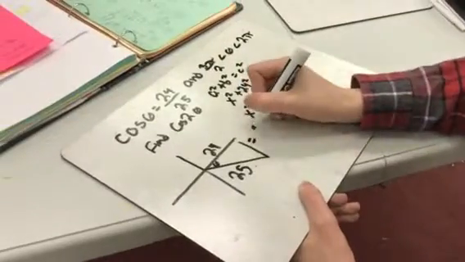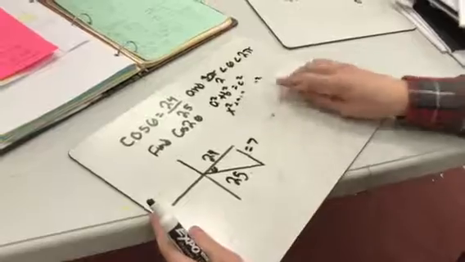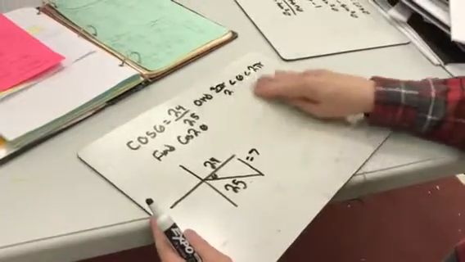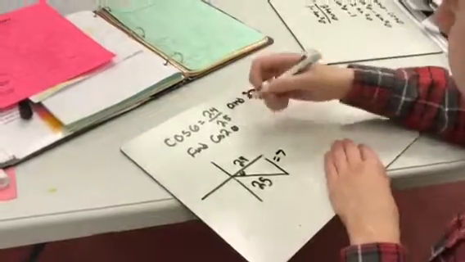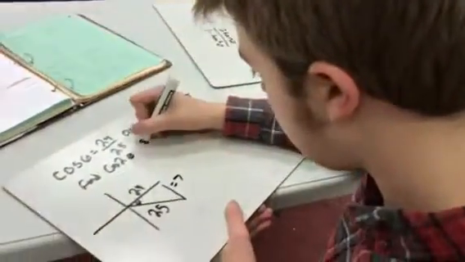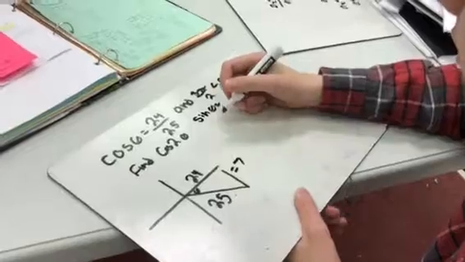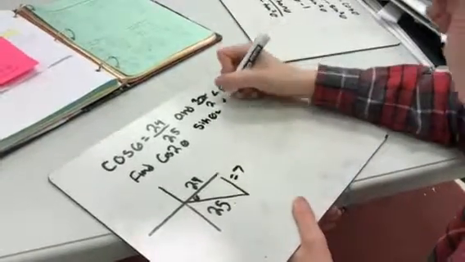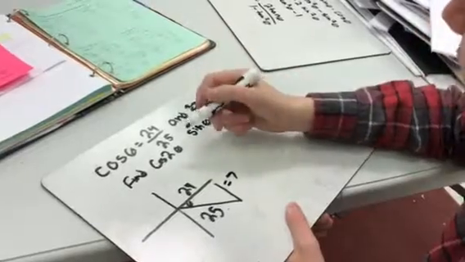So that value right there would equal 7. After you have that value, you're going to try to find your sine and cosine of theta so you can use them in the equation. The sine of theta is opposite over hypotenuse, so it would be 7 over 25. And the cosine theta is already given to us.